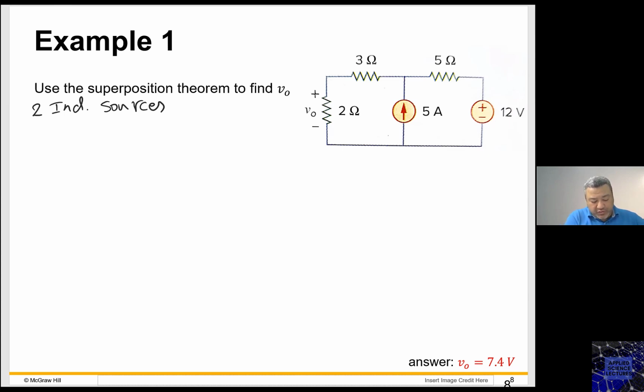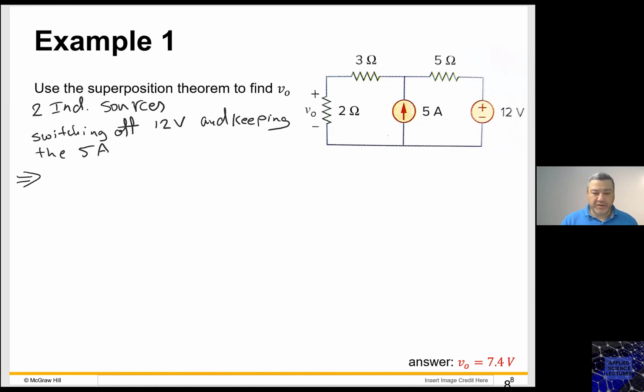So switching off the 12 volt, the voltage source, I will have to redraw the circuit now, right? Because I am doing some physical changes to my circuit.